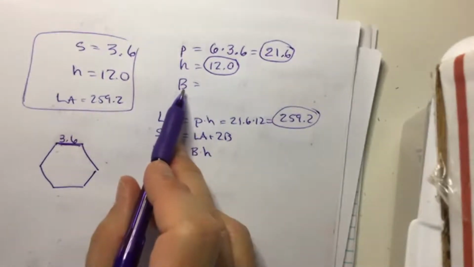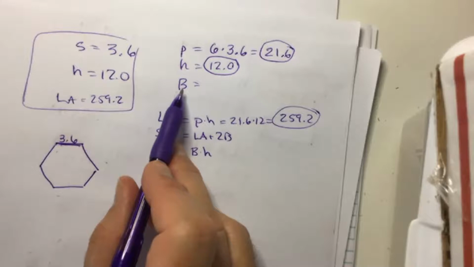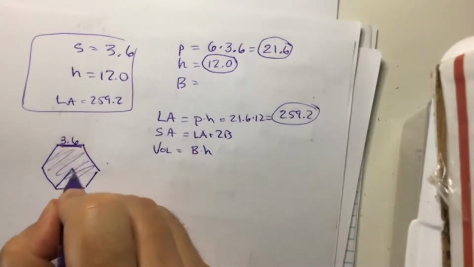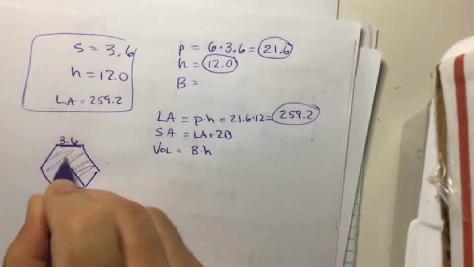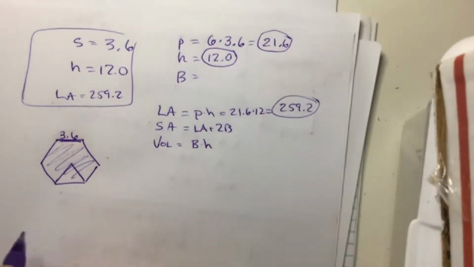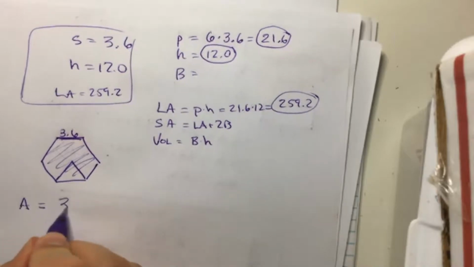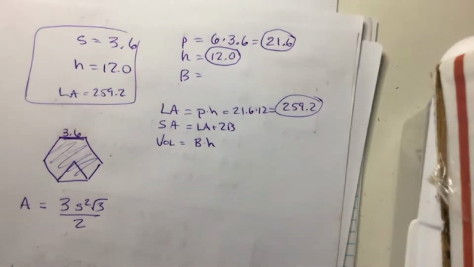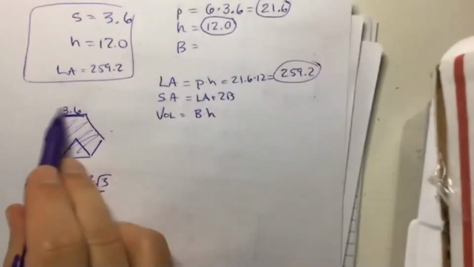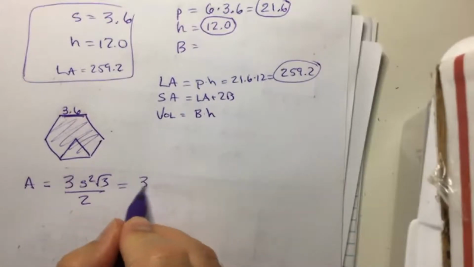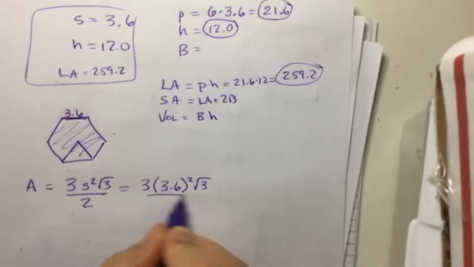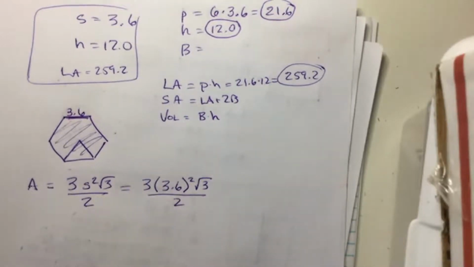Now I need to find the capital B. B stands for base, and what it really means is the area of this shape. So a lot of people would break it down by figuring out the area of one of these triangles and multiplying it by 6. But again, I gave you that nice formula. Area is 3s squared root 3 over 2. This time we've got an s of 3.6. So it'll be 3 times 3.6 squared root 3 all over 2. So figure out what that mess is on top.